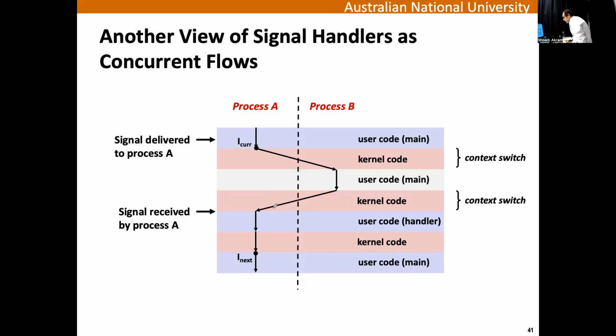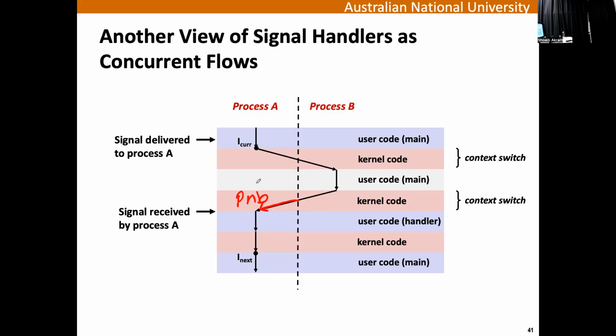Now, when the kernel is returning control to process A, at this point, it computes the pending and blocked bit vectors: which signals are pending and not blocked. And for each signal that is pending and not blocked, it starts executing those signal handlers if they are installed.